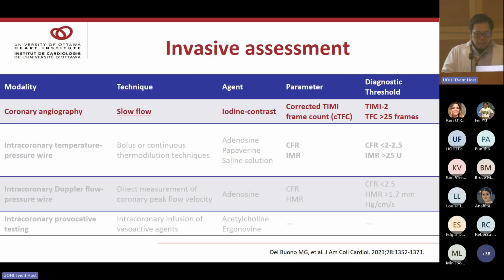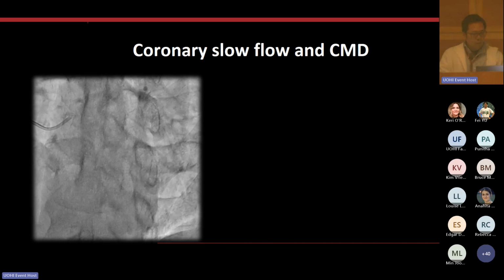As an invasive assessment, coronary angiography can exclude obstructive CAD, but it is also useful to evaluate coronary microvascular dysfunction by assessing the coronary slow flow phenomenon. Coronary slow flow in the setting of non-obstructive CAD is considered a surrogate of CMD.